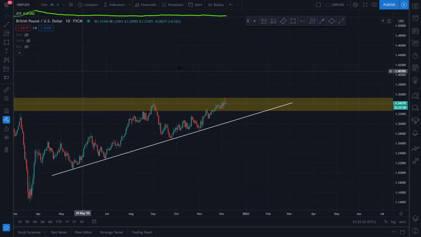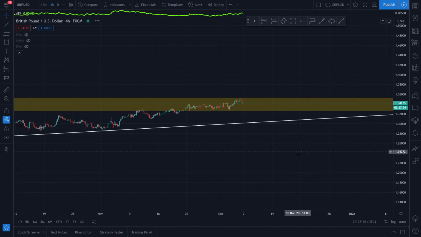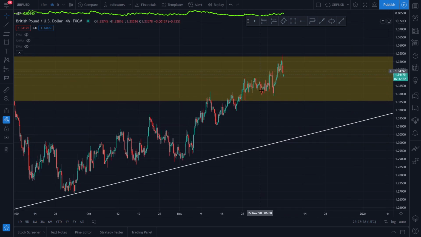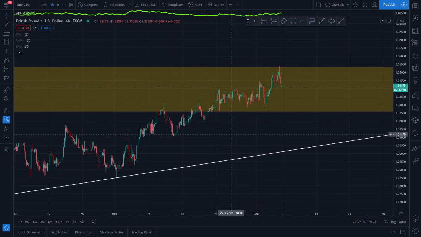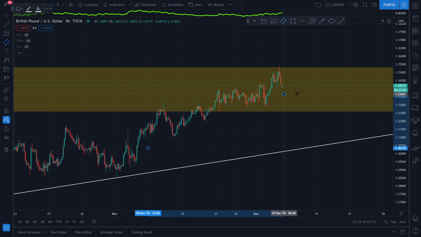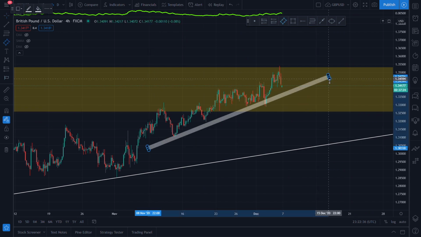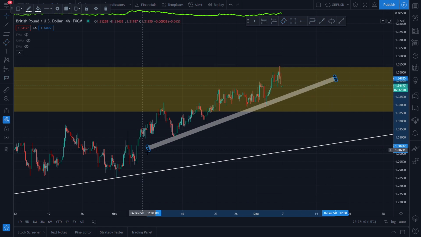So the first thing I will look for the sell, I'll go to the 4-hour. This is where I will look for my sell. Okay. I will wait for a break and close on this 4-hour trend line right here. That's what I will look for.